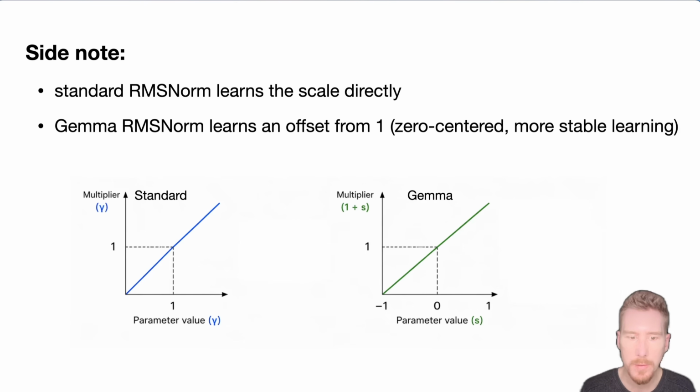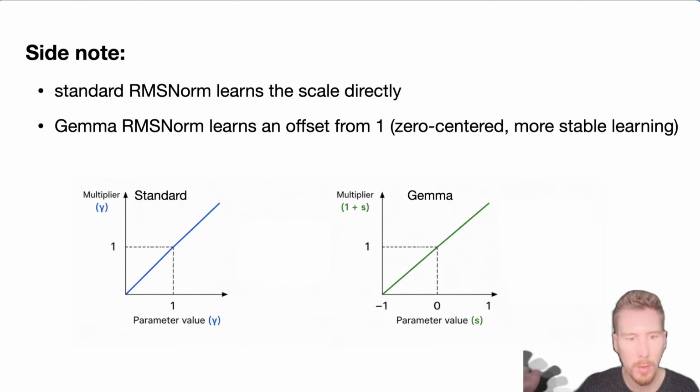And so in this case, the regular RMSNorm and the Gemma RMSNorm can give you the same results, but how they set it up can stabilize the training a little bit, or the training of the RMSNorm part at least. Because in the regular RMSNorm, we have a learnable parameter here, let's call it gamma. It starts with a value of 1. So usually you multiply the RMS times gamma.